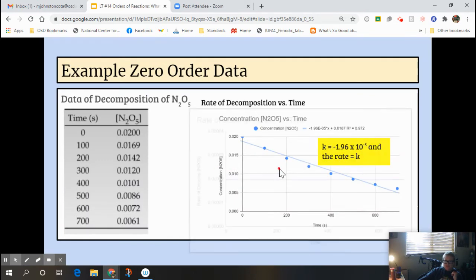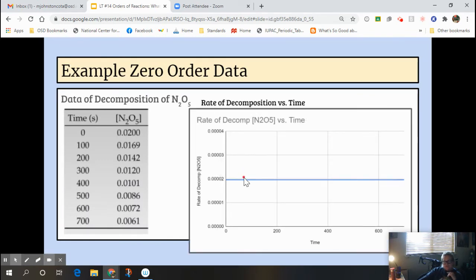The derivative of a straight line or a linear graph is just going to be linear but with no slope. So there's a couple different ways we can look at this data here and notice that it's a zero order equation. You might not even have to graph by analyzing this data. This is just one strategy to figure out if it's zero order.